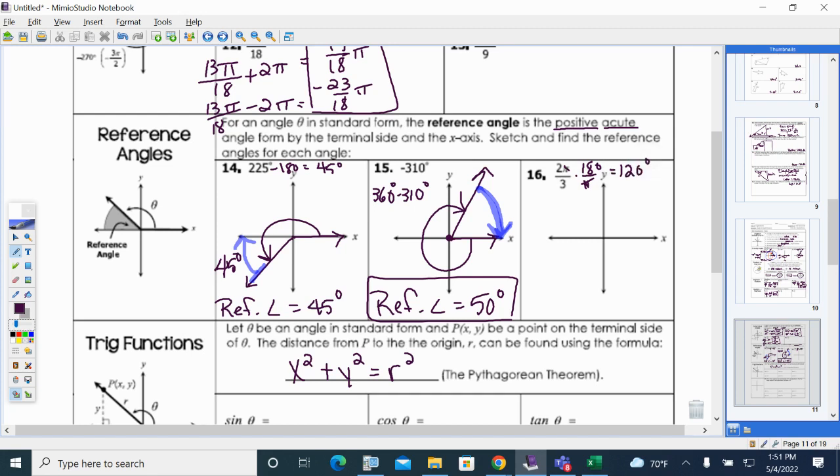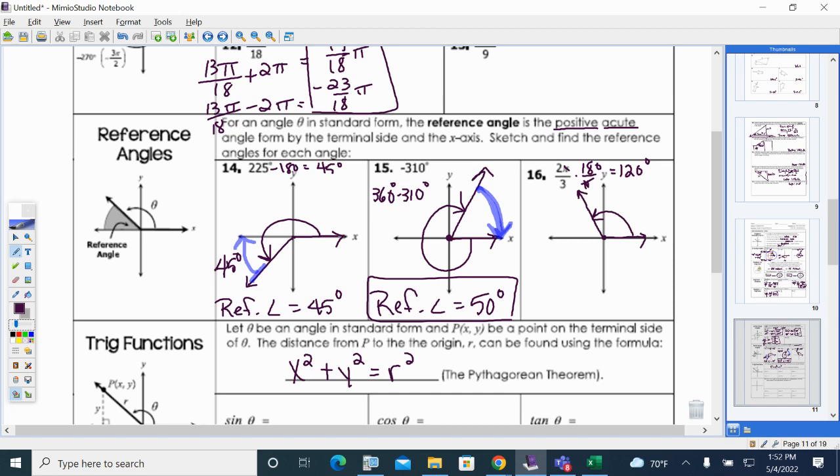So we can easily find where 120 degrees is going to be. You've got your vertex, you've got your initial side. So the terminal side is going to be greater than 90, but less than 180. So it's going to be in quadrant 2. I'm going to say right about there.